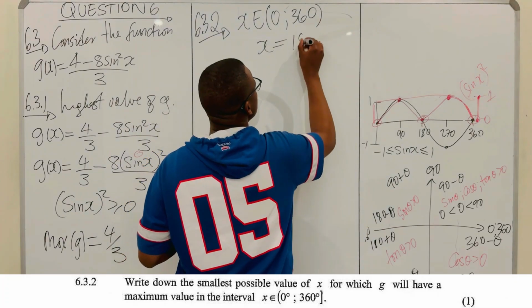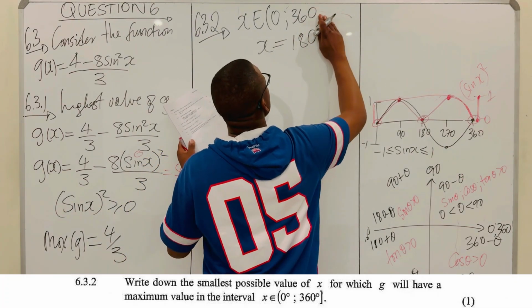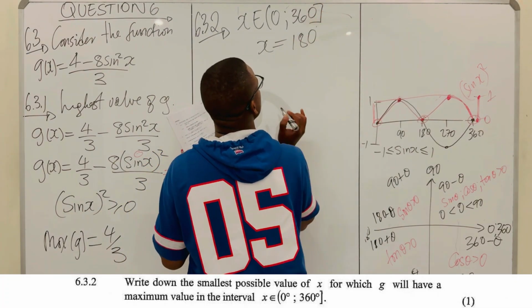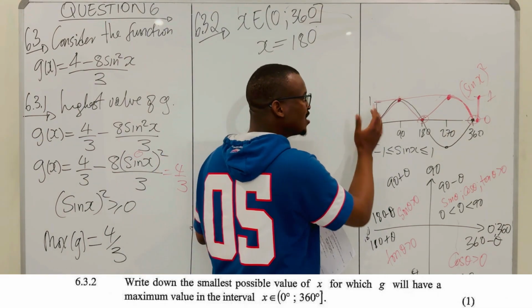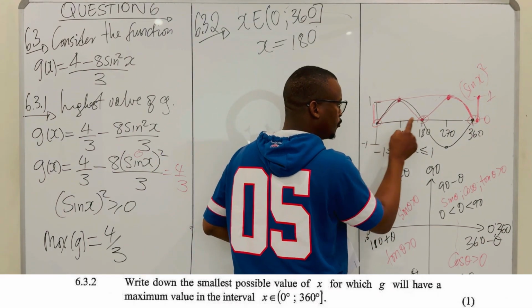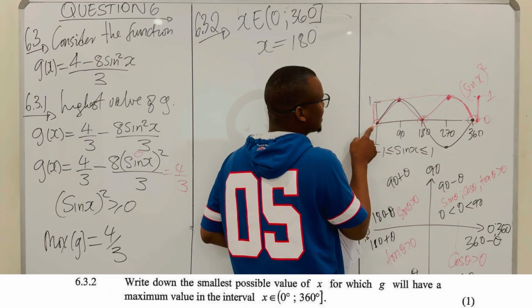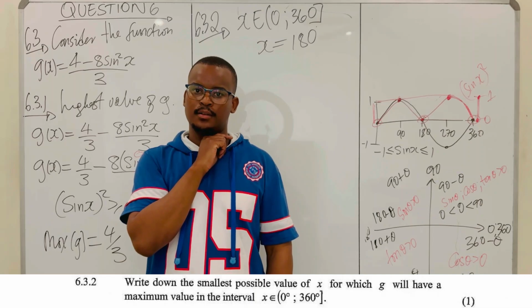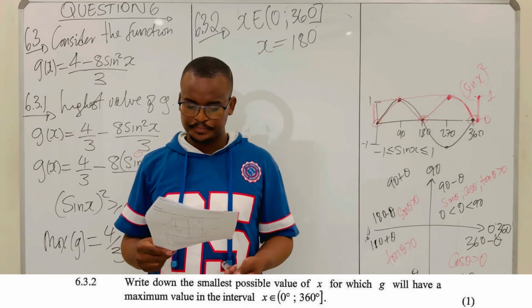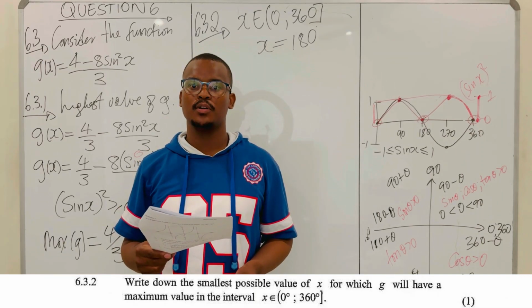We're left with 180 degrees. Actually, 360 is not included, so 360 is excluded. But the smallest on my graph is 0, followed by this and that. But if 0 is excluded, the next one should be 180, in my opinion. Right? And I hope this question does make sense to you, as it does to me.